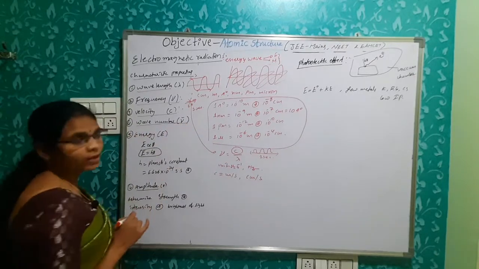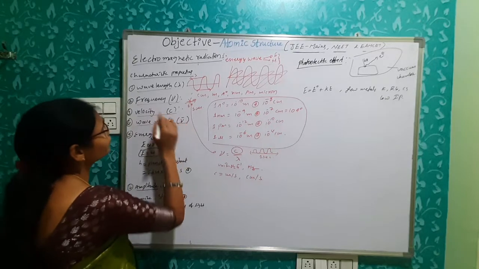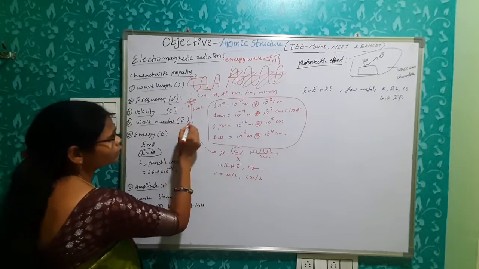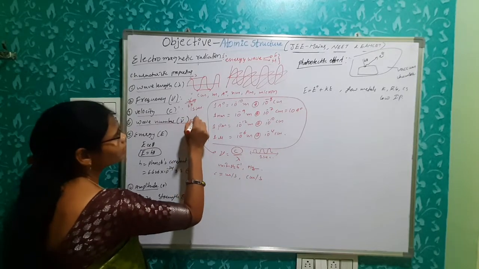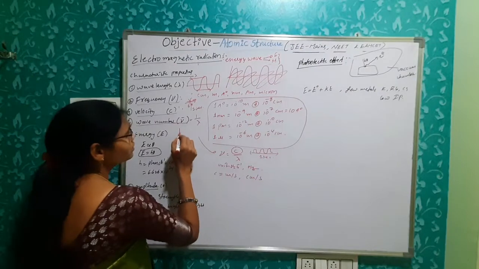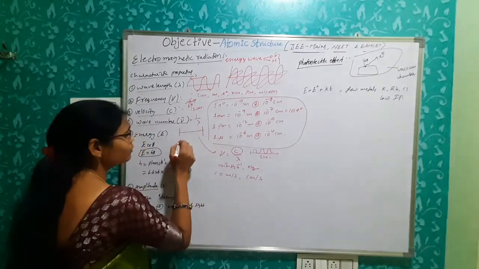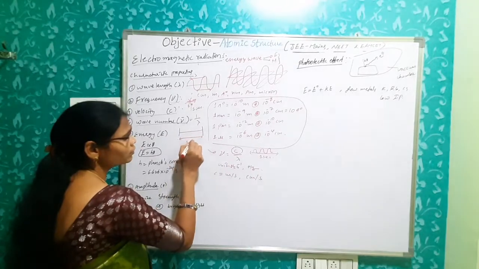Next, wave number. Wave number is nothing but the reciprocal of wavelength, simply here 1 by lambda. Or simply the number of waves present in a unit length. Suppose you take 1 meter length.